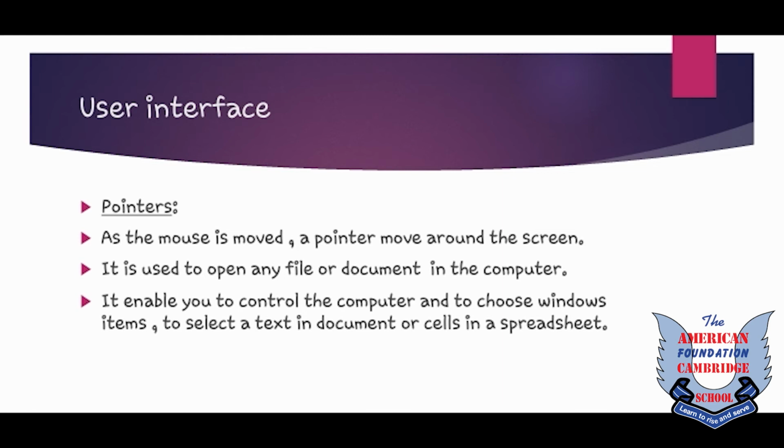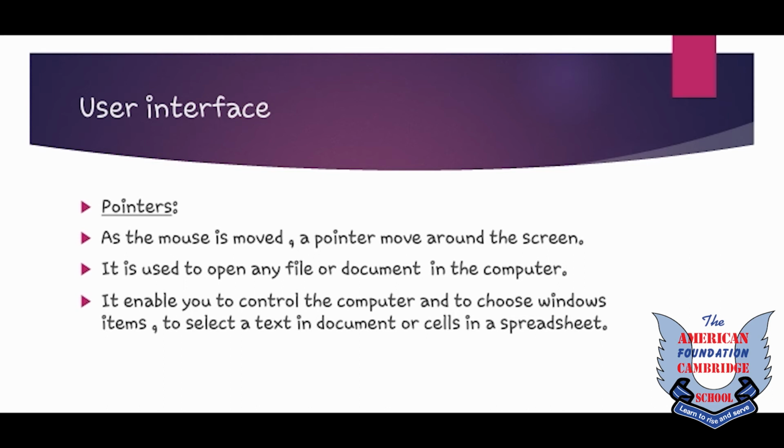As the mouse is moved, a pointer moves around the screen. It is used to open any file or document in the computer. It enables you to control the computer and to choose Windows items, to select text in a document or a cell in a spreadsheet.